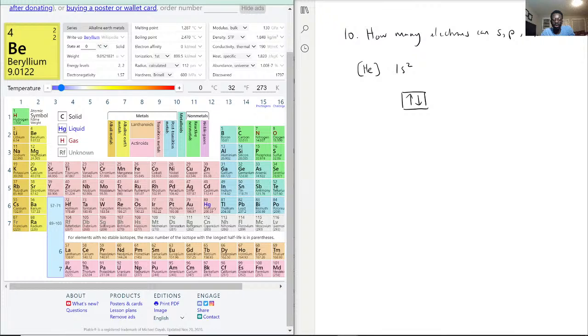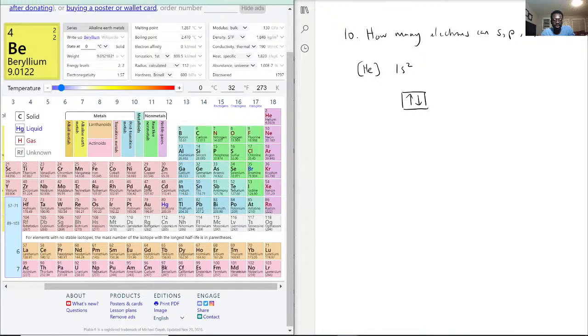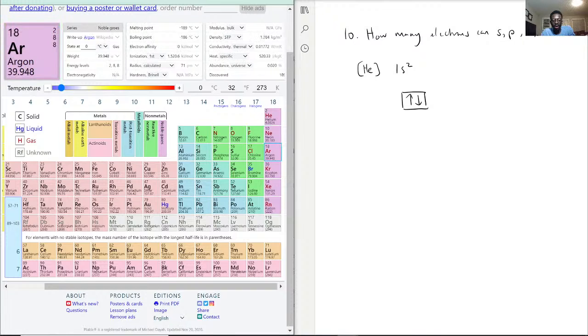Now with the p orbitals, that's the one that comes next, because these are the ones over here. Remember how we were talking about argon being 3p6, because you have 1, 2, 3, 4, 5, 6. So it would look like, I'm going to use a different color here.